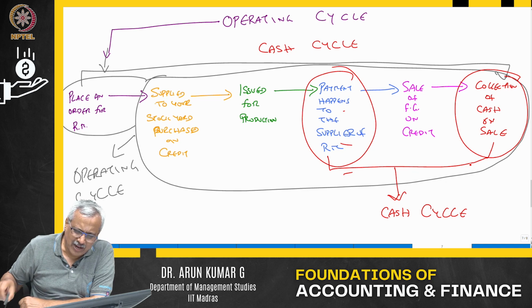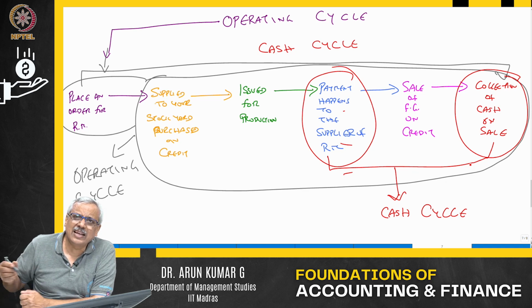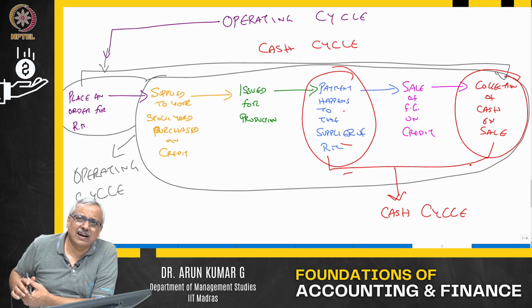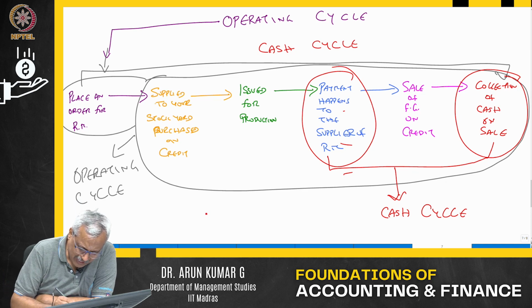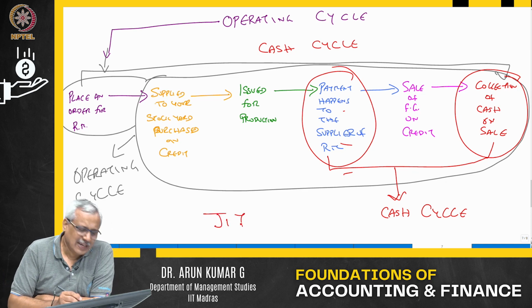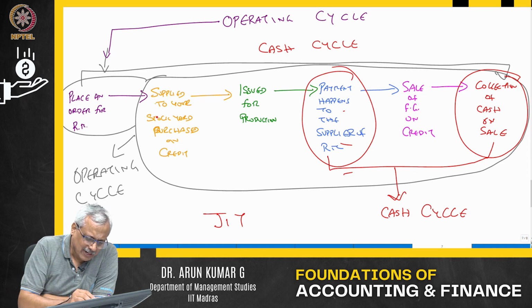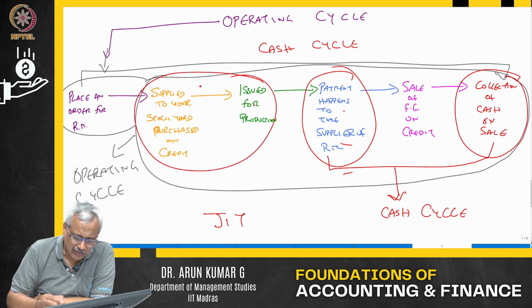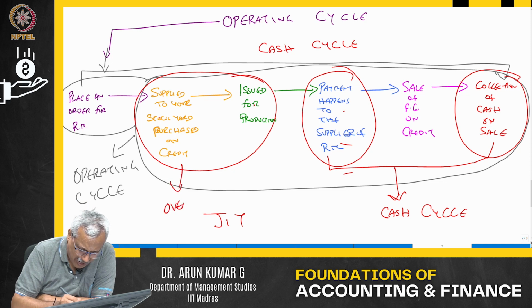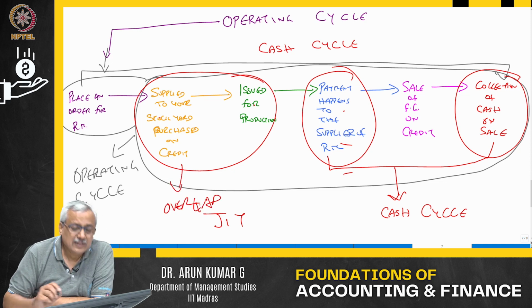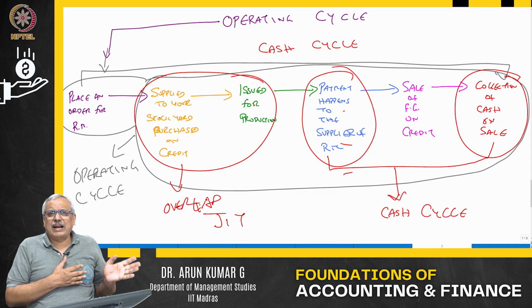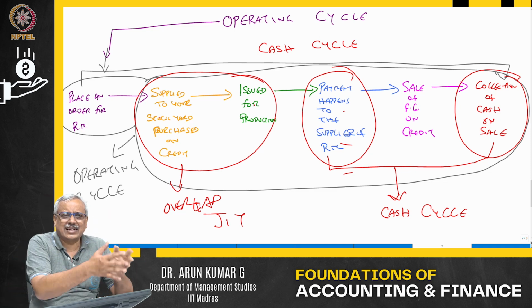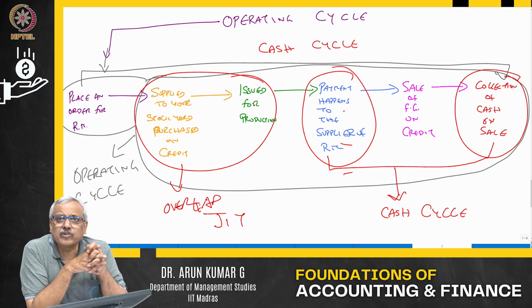So, in organizations like Maruti and most of these organizations, what do they follow? They follow JIT. I place the order, fine, but my supply and my issue for production will overlap. That is, it gets supplied, I do not stock it in the yard, it just directly comes to my shop floor in the process.